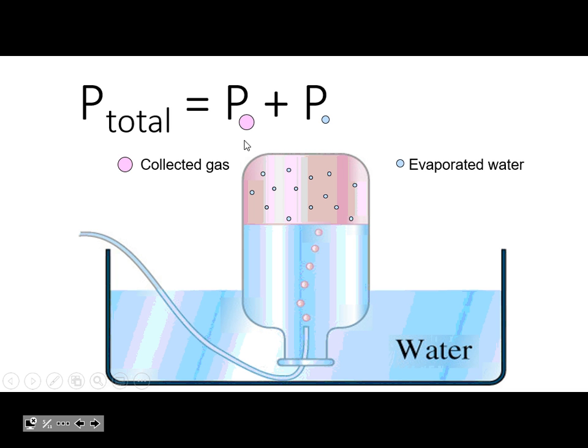Now, do I have to have two of these? No, I could have multiple. Could I have 5 different ones? Well, yeah. Stop and think of how many gases are in the air we're breathing right now. So I could have a bunch of different types of gases. Now, for this particular one, I only have the pink gas and the blue water vapor.